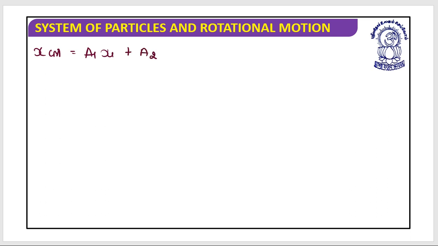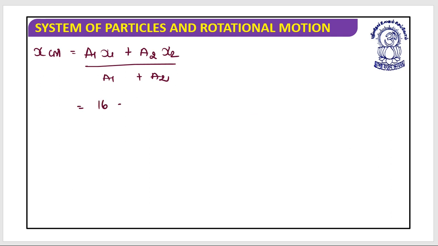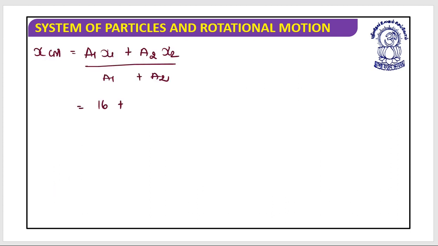a1 x1 plus a2 x2 divided by a1 plus a2. The first area, this is 8 meter, this is 2 meter, so 8 twos are 16, plus the second area, beginning from here and moving to here, it's 6 meter, this is 2 meter, so this is 6 into 2.